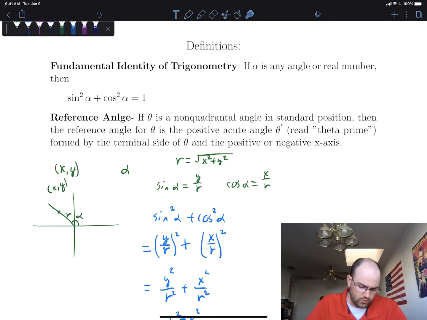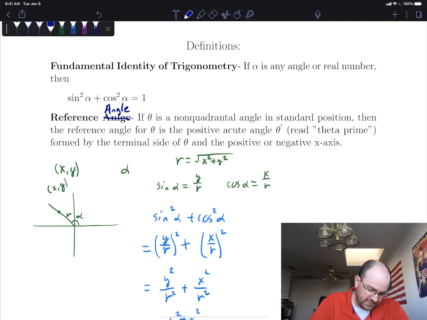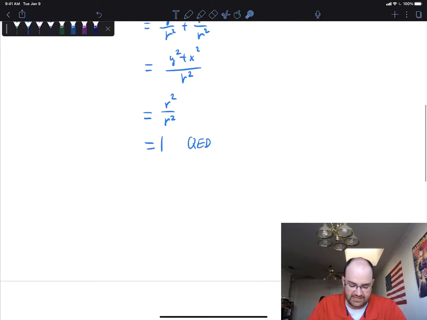As for the reference angle, if theta is a non-quadrantal angle in standard position, then the reference angle for theta is the positive acute angle theta prime formed by the terminal side of theta and the positive or negative x-axis.